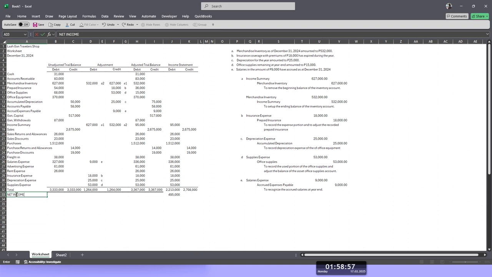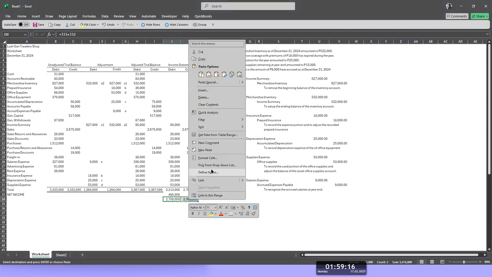because total credit is higher than total debit, and then determine the total, and then copy the formula, paste it under the credit column, and they should be equal.